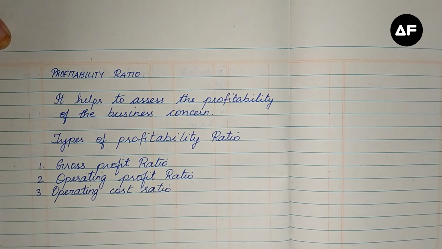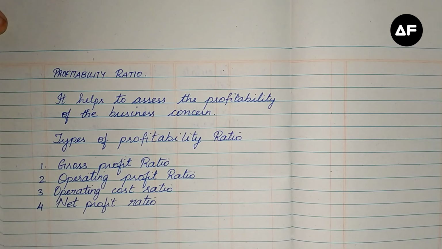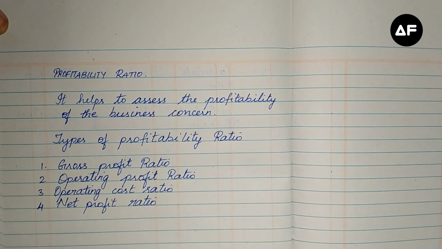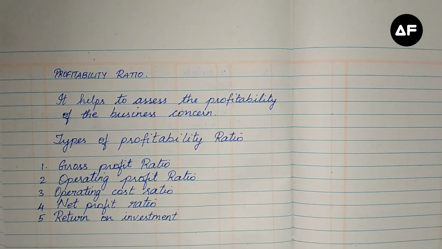Third is the operating cost ratio. Fourth is the net profit ratio. And fifth is the return on investment. Now let's look into the gross profit ratio.